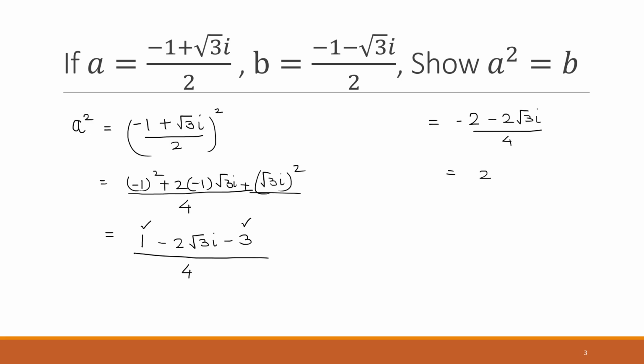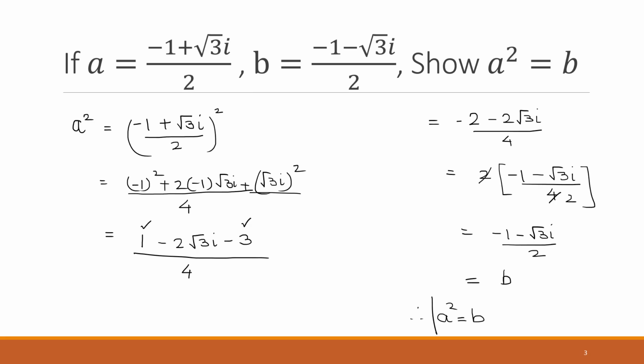I will take 2 common. So what is left? (−1 − √3 i)/2. If you observe, this value and the value of b are both the same. Therefore I can say that a² is equal to b.